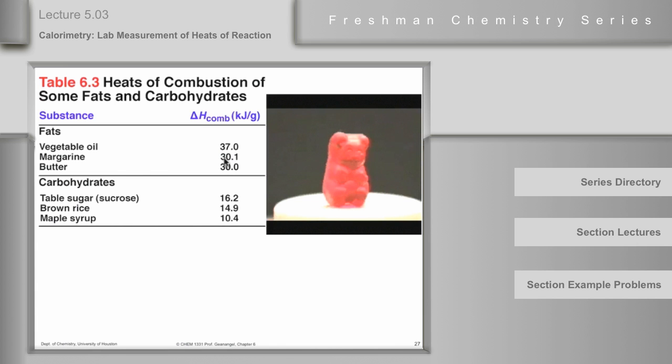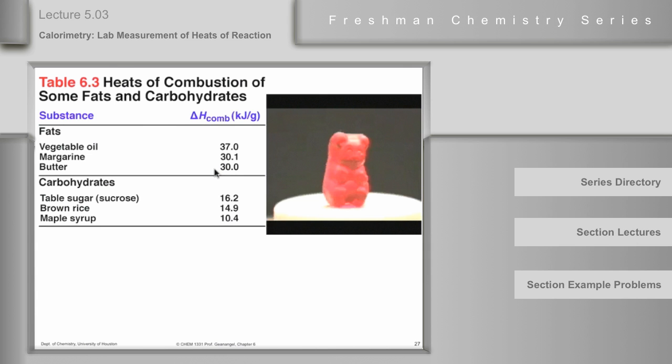So have a look at this. That's a gummy bear sitting there. And I'm going to show you this little thing. It's a very famous little video clip that I've used for a number of years about what happens when you get the energy out of the gummy bear as fast as possible.